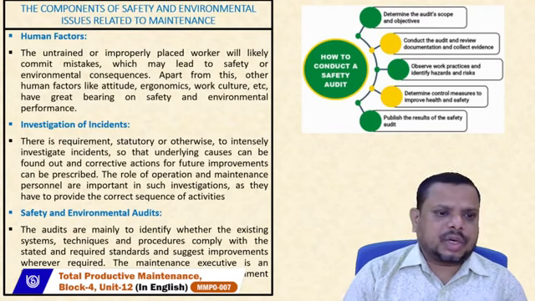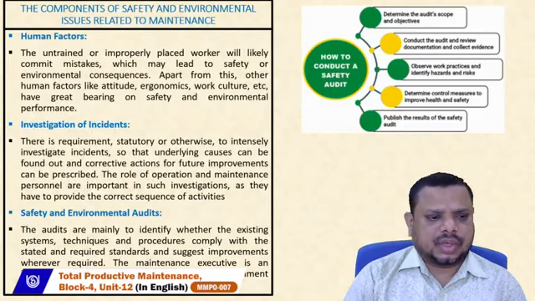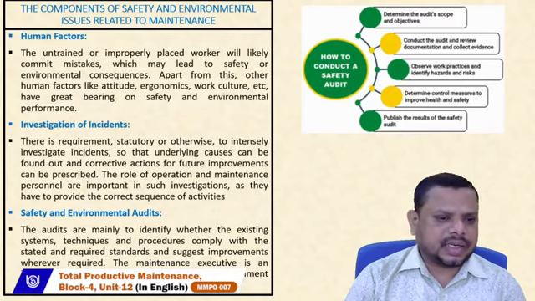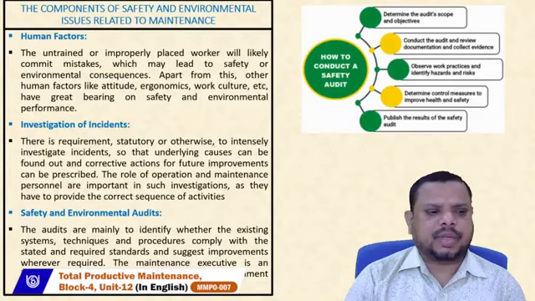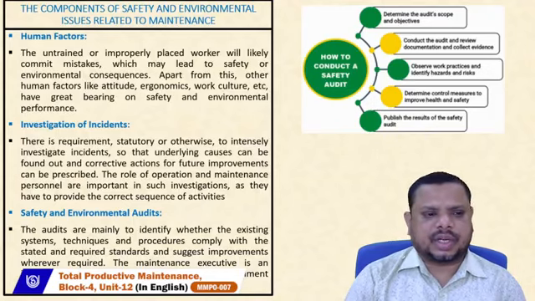The next important component we have is investigation of incidents. So there is a requirement that incidents be statutorily or otherwise intensely investigated so that underlying causes can be found out and corrective action for future improvement can be prescribed. The role of operation and maintenance personnel is important in such investigation as they have to provide the correct sequence of activities.